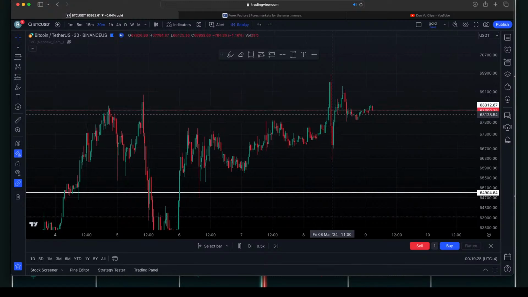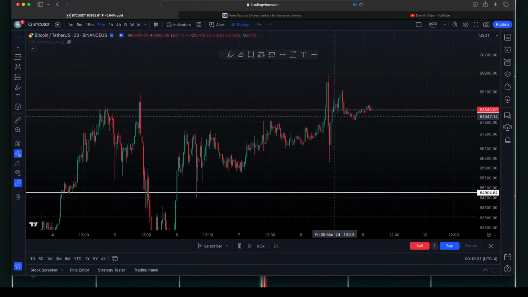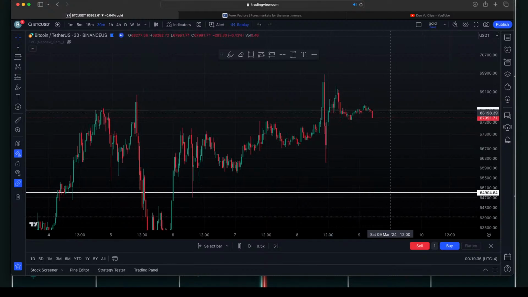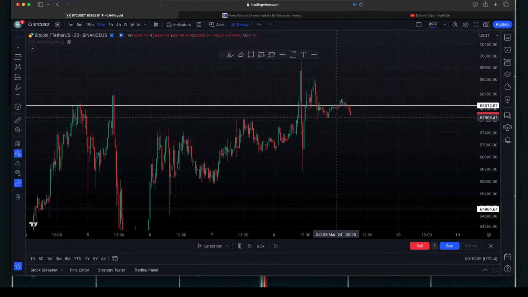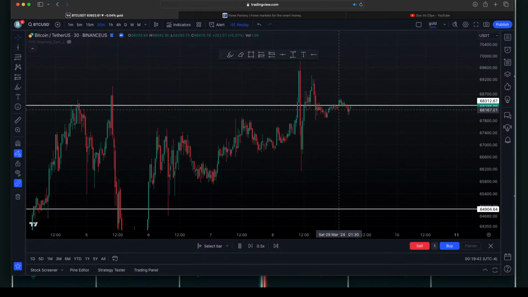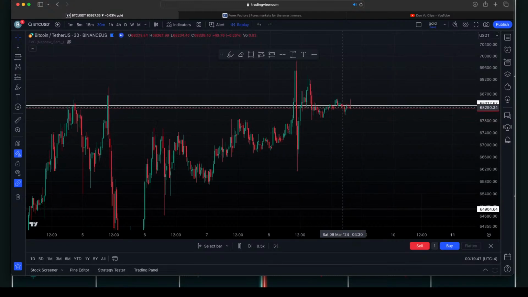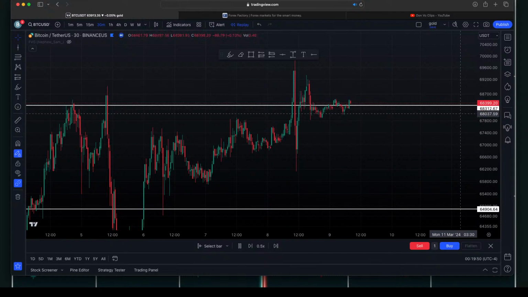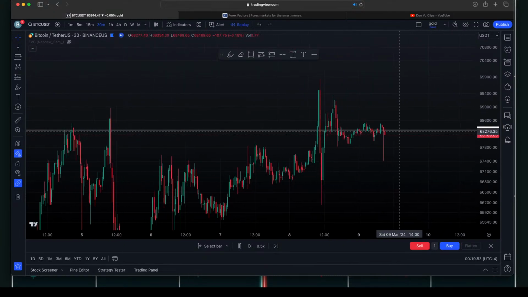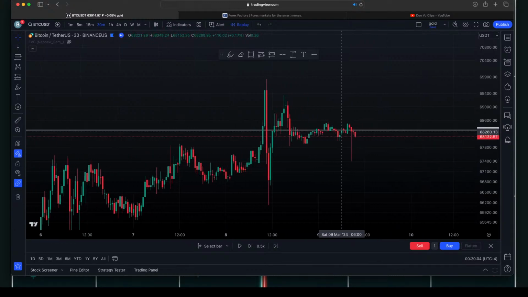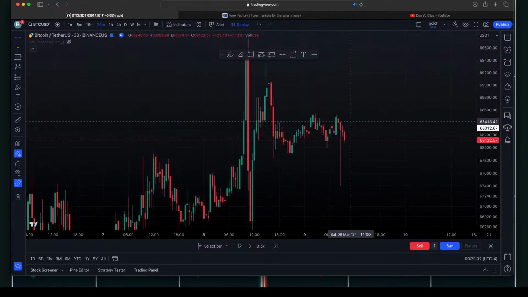Okay, that didn't close. That closed and broke the low and it came back up. So now we broke the highs. Did that, came back up and came back down. So now we needed to target these lows and it did the same exact thing. Now it needs to target back up to these highs, which it just did there. Okay, now we targeted. Oh, and then look at that. Boom. So what I'm trying to figure out is why was that drop so significant? Of all drops, why did that happen?